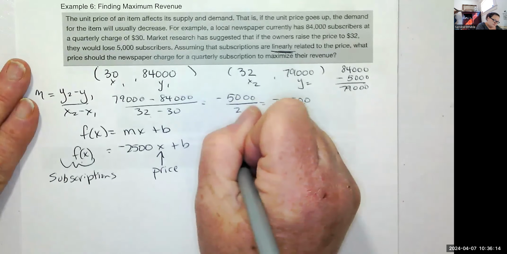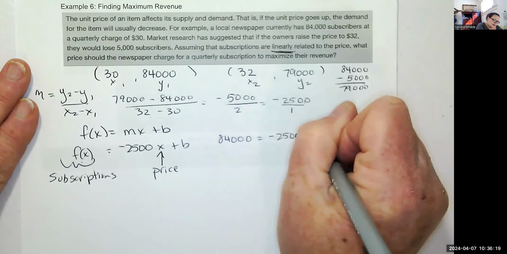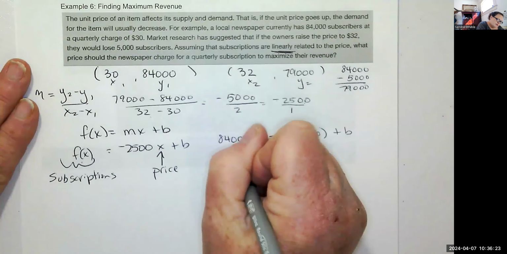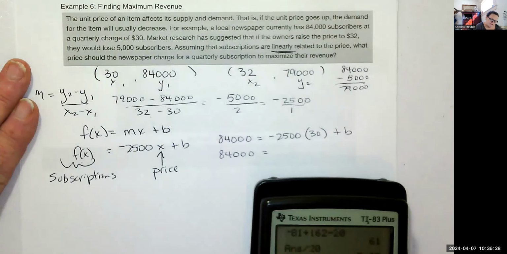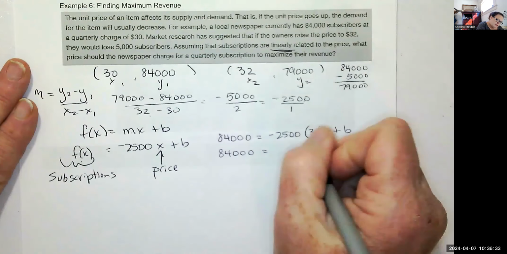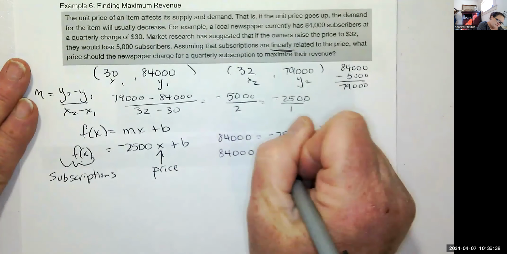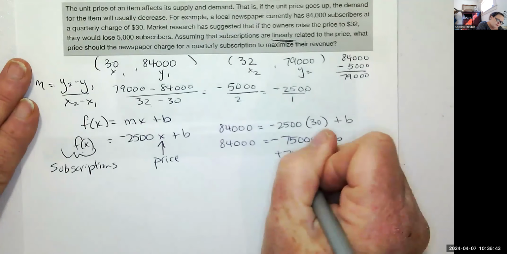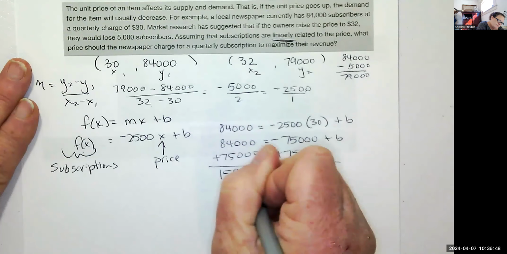So 84,000 is negative 2,500 times 30 plus b, and solve for b. 84,000 is equal to negative 75,000 plus b. Add 75,000 to both sides, and that is 159,000.